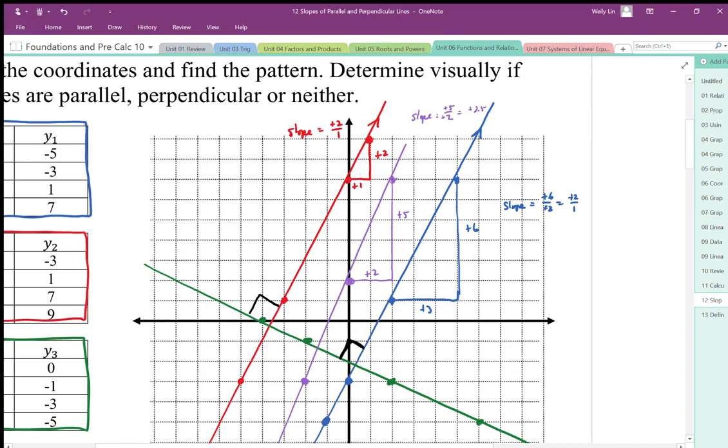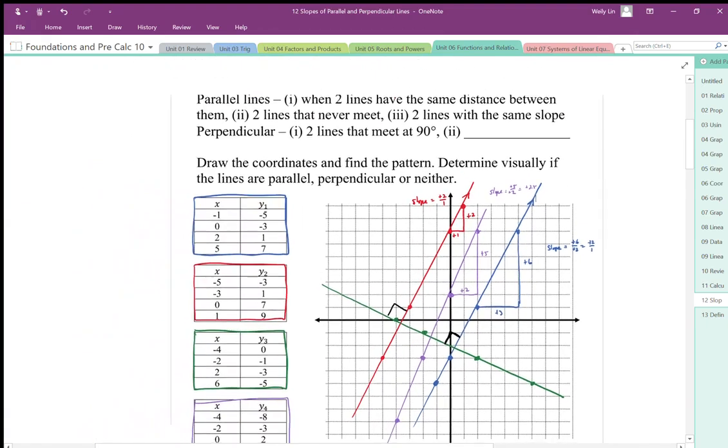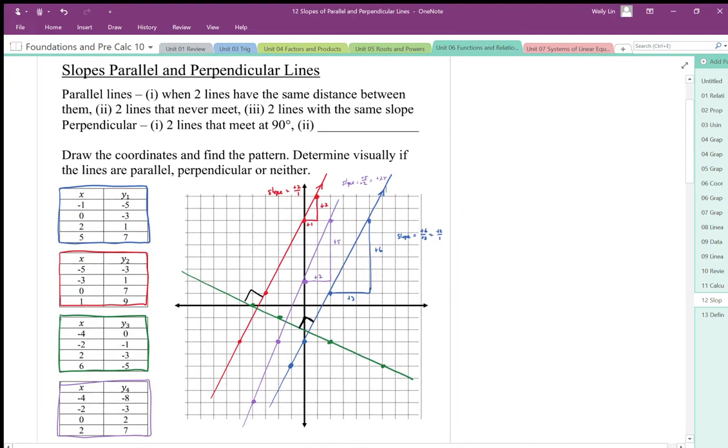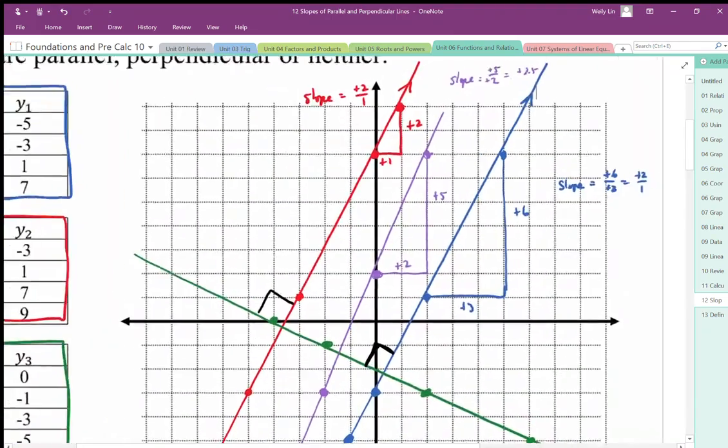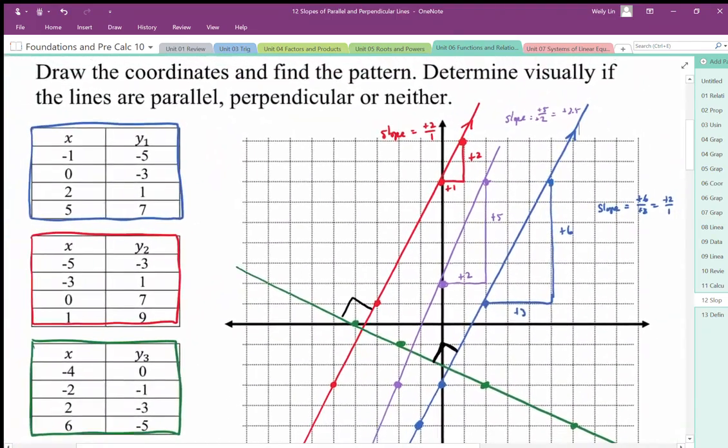Okay, and if I find any other 2 points, vertically between that point and this point here, we can count 1, 2, 3, 4, 5, 6, 7, 8, 9, 10. Okay, so it fits both definitions: the same slope, and the same distance between them, and they stay consistently the same distance, and the red and blue lines never meet.